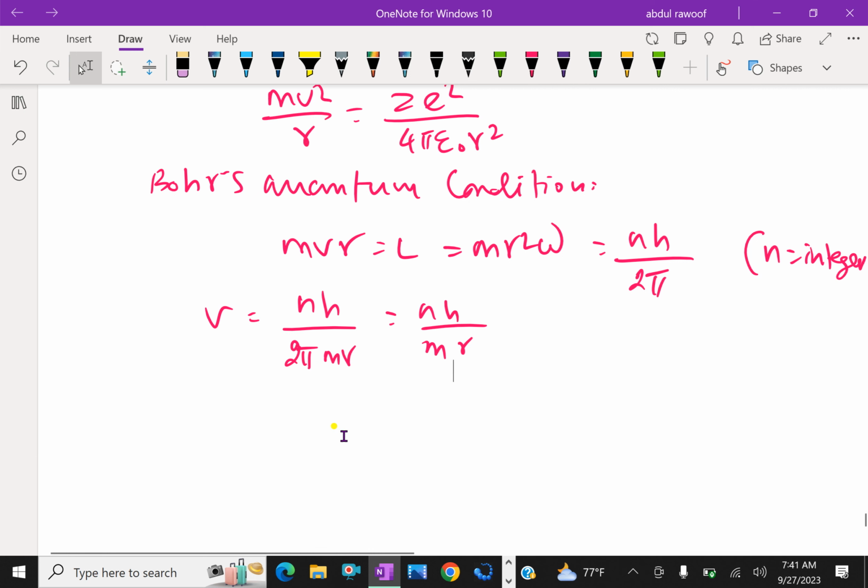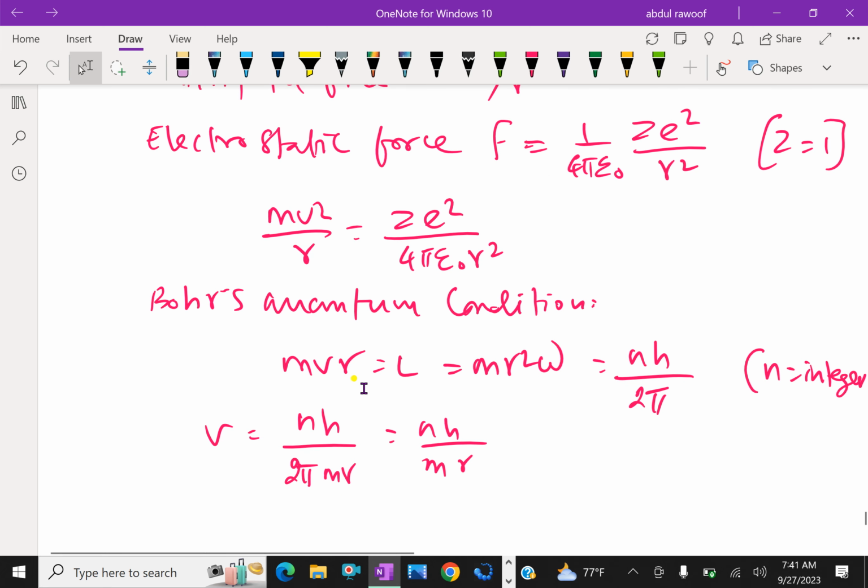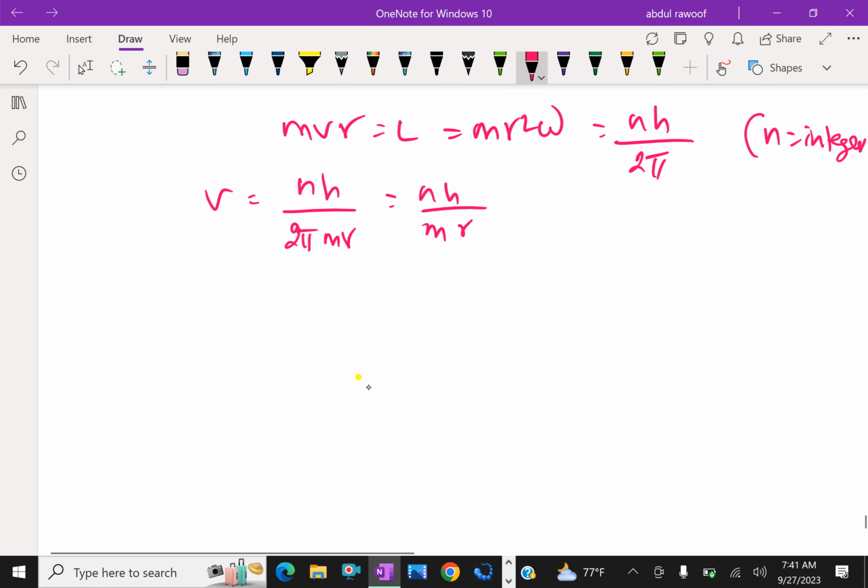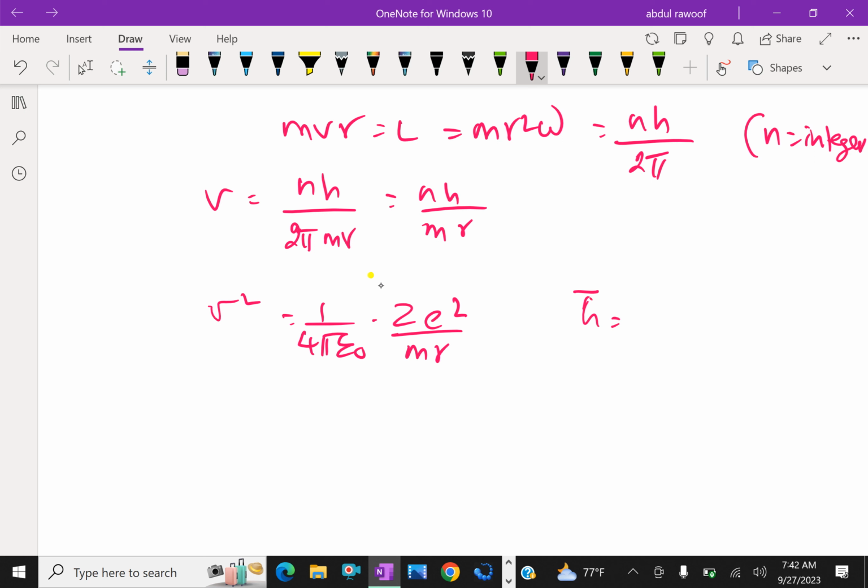Now, from this, v squared, velocity squared, equals 1 by 4 pi epsilon 0 into Z e squared over mr, where here h bar equals h by 2 pi.